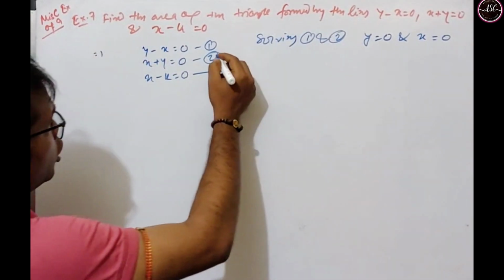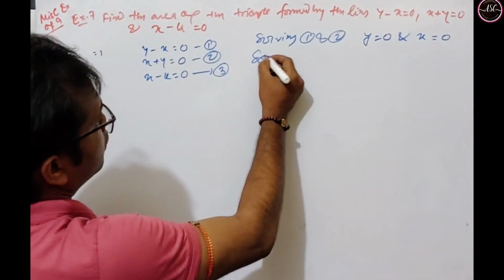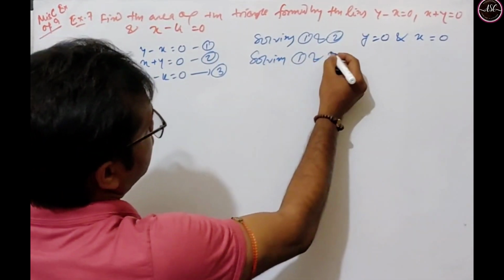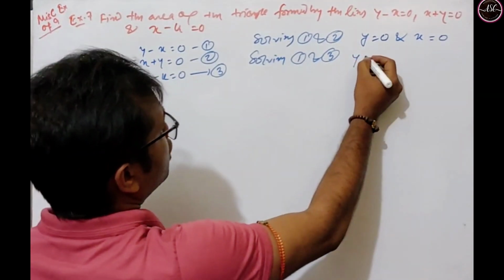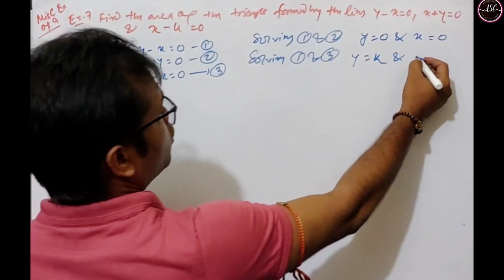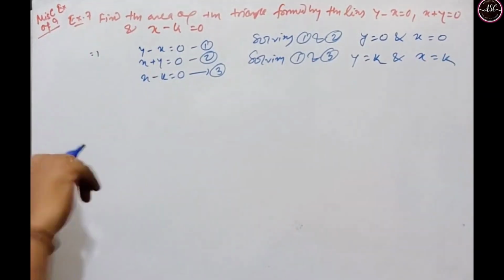Solving 1 and 3, we get y equal to k and x equal to k.